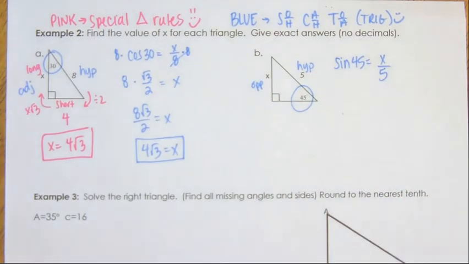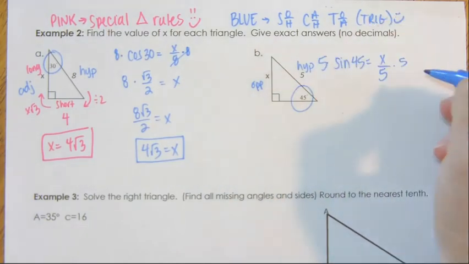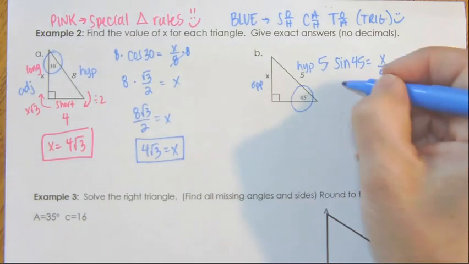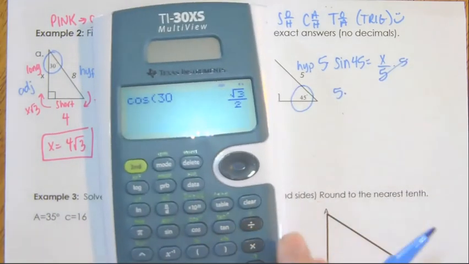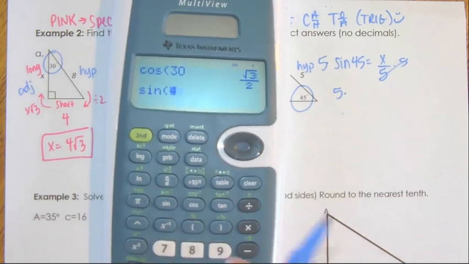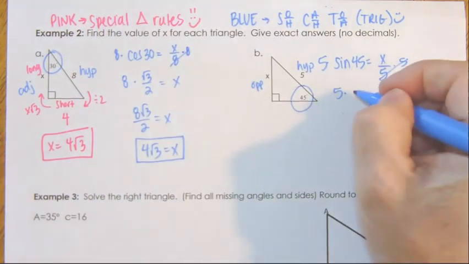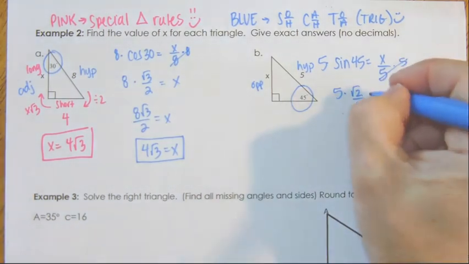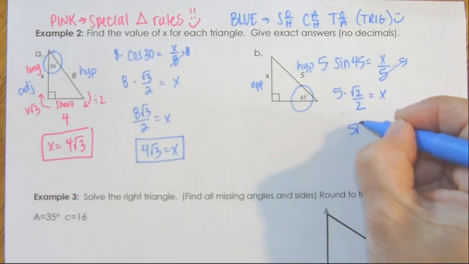I'm going to multiply both sides by 5 to get x by itself. And now I have 5 times, I need to figure out what sine 45 is. So I'll get my calculator out again. Sine 45 is radical 2 over 2. So when I multiply this all together, I get 5 radical 2 over 2.